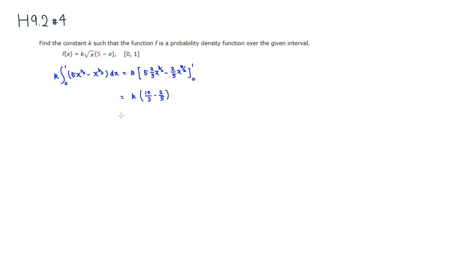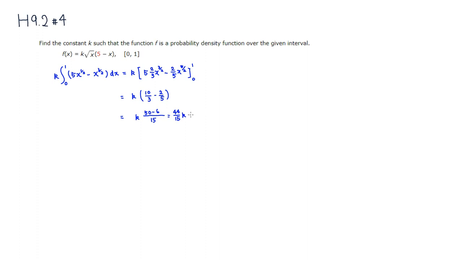This is going to be equal to k times, common denominator would be 15. So you have 50 minus 3 times 2 is 6. So this is going to be 44 over 15, times k, of course.